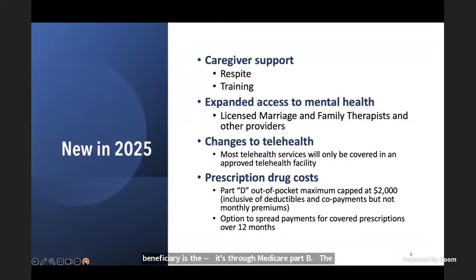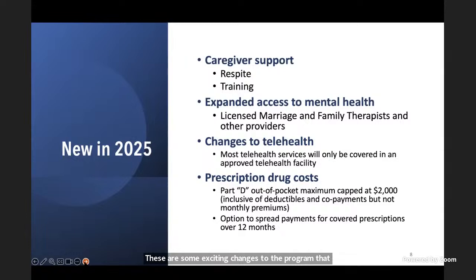So if you need help with, say, administering your medications, or if you need help with some of your other activities of daily living, such as toileting and transferring and things like that, Medicare will pay for training that is directly related to the health needs of the beneficiary for a caregiver. So these are some exciting changes to the program that are coming about, to start January 1st, 2025.